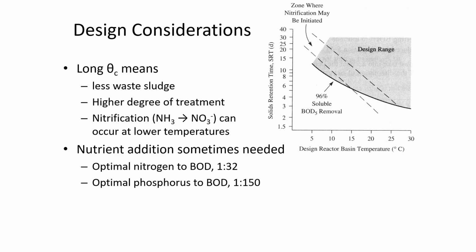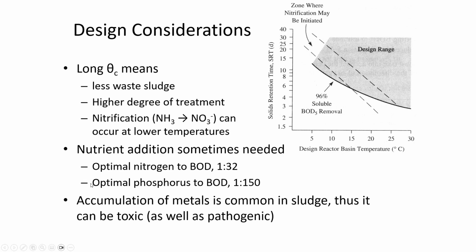So besides BOD and air, the other thing that these microorganisms need critically are nitrogen and phosphorus. And if you don't have enough nitrogen or enough phosphorus, it's possible that your aeration basin isn't going to break down all of the BOD that it should. So occasionally nutrient addition will be added, but not all the time.